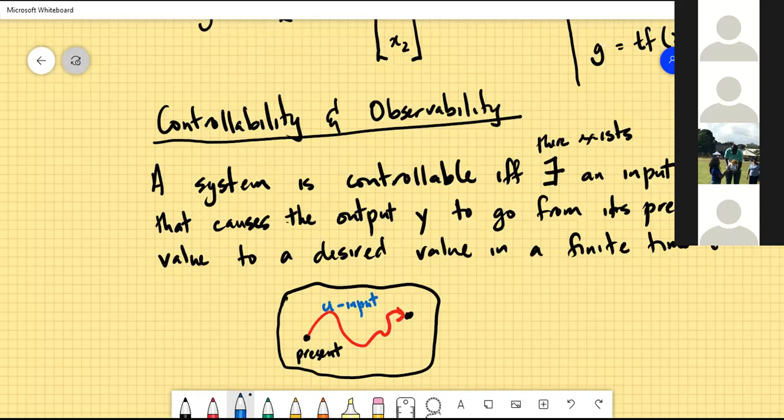All right, so the present X and Y. It doesn't matter how, as long as the time is finite. So you can't wait forever.